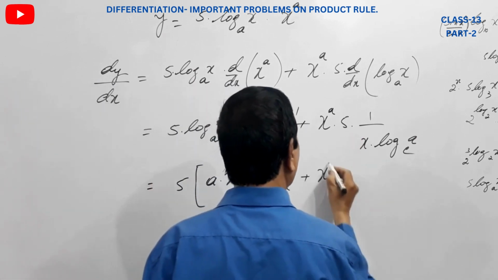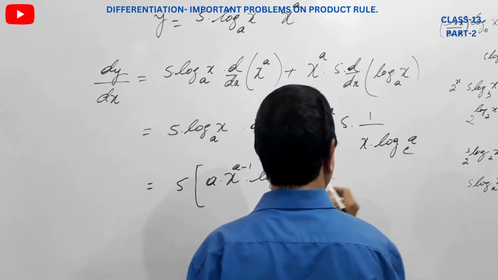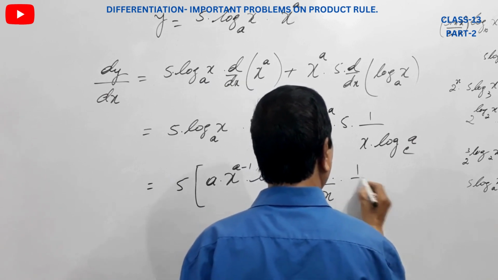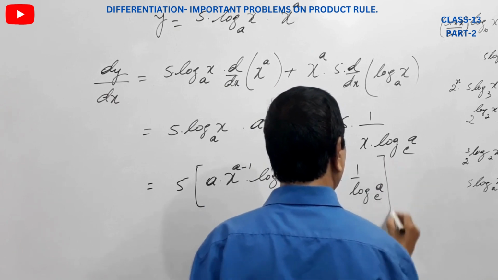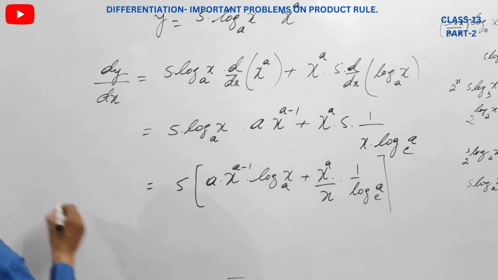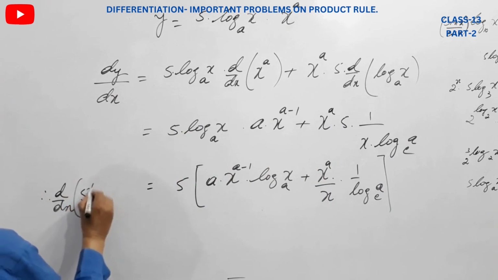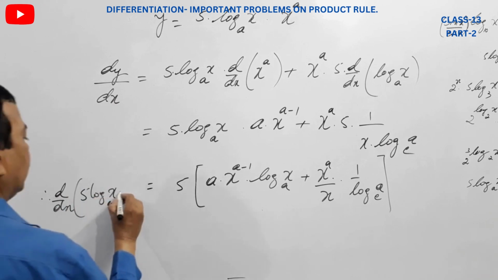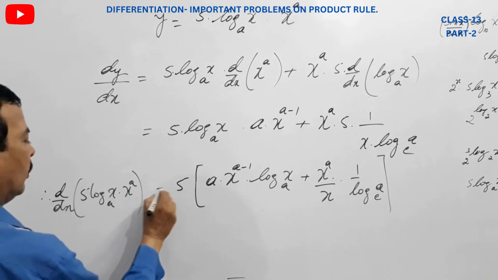So this becomes x to the power of a into 1 by x into 1 by log a to base c. That is nothing but d by dx of 5 log x to base a into x to the power of a equals to this.